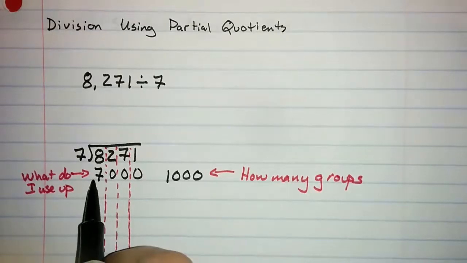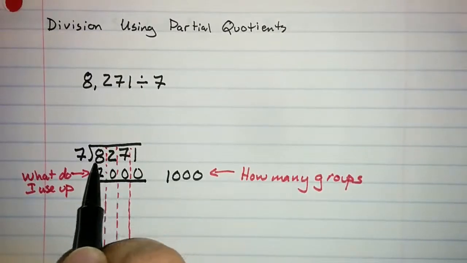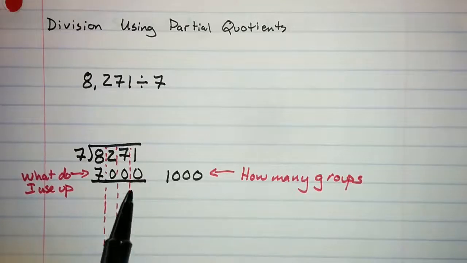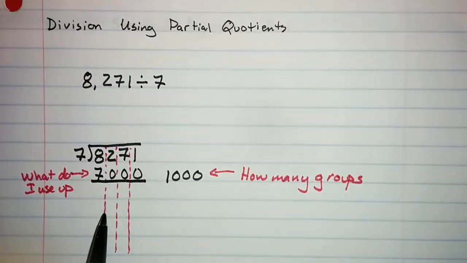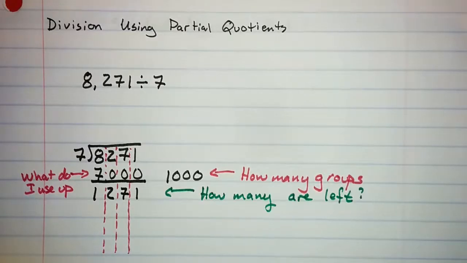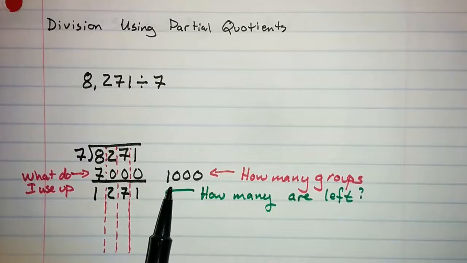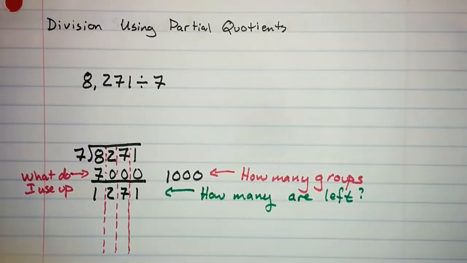And now I'm going to take the things I started with and subtract the things that I've used up, and I'll be left with how many are left. So I've made 1,000 groups, and now I have 1,271 things left.